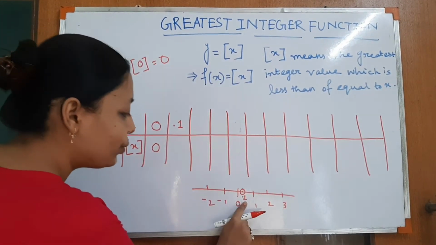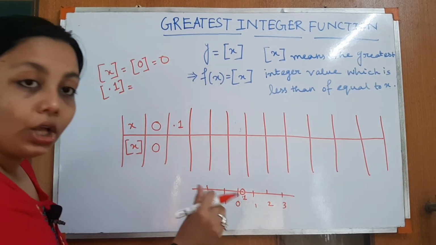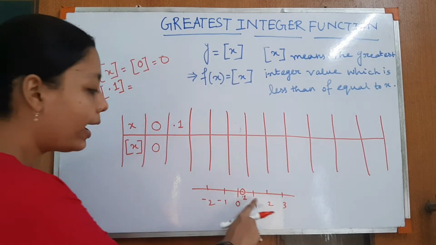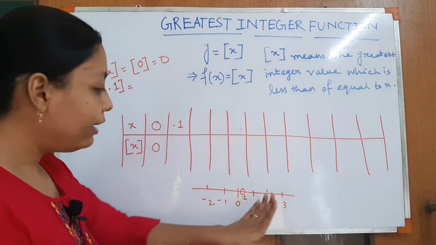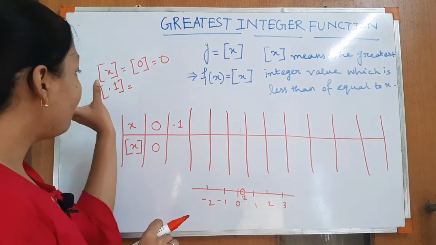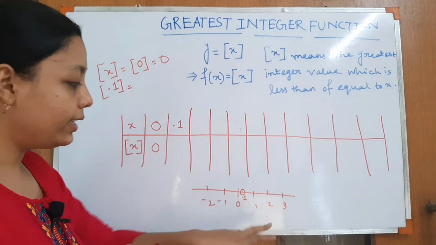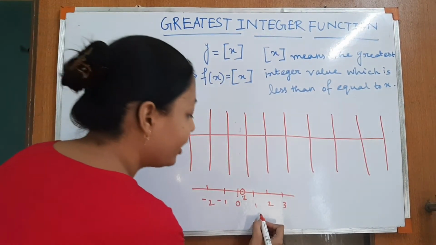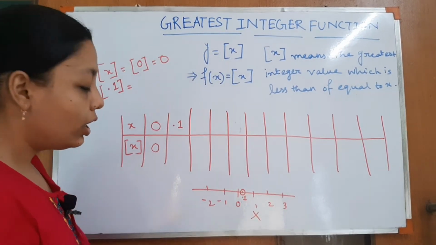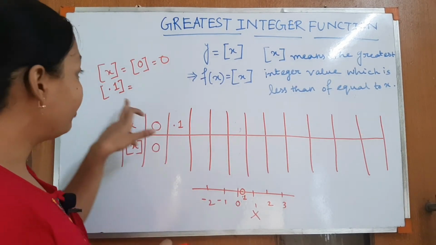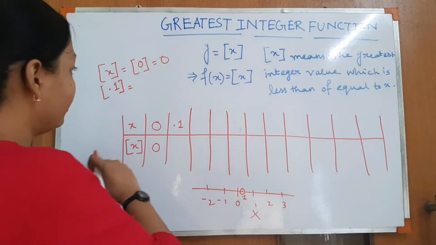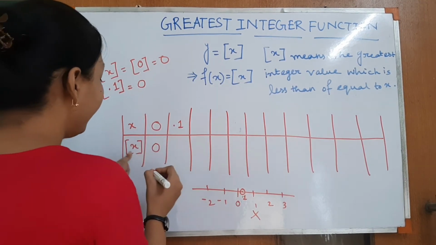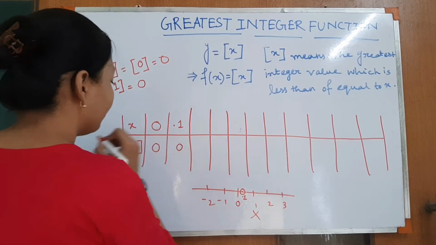Here 0 and 1 are integer values. If we take the value of box 0.1 as 1, then it is greater than 0.1, so we cannot take this value. So we have to take 0 for the value of box 0.1.